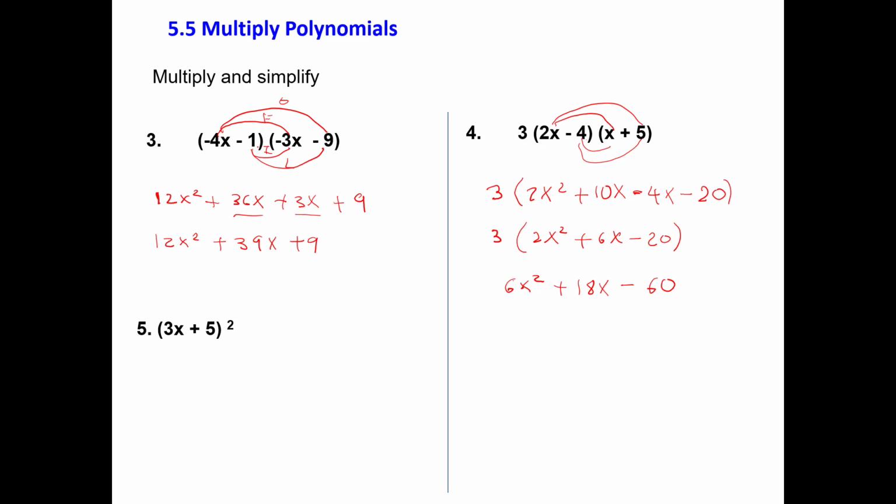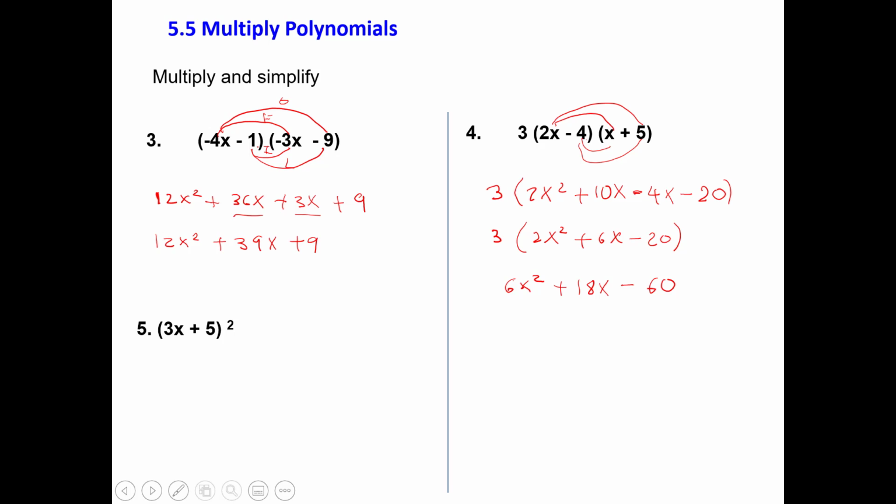The last we want to solve, we have 3x plus 5 to the second power. Then we can apply the concept of the exponent. In this case, this is the base, which means we need to multiply the base twice.